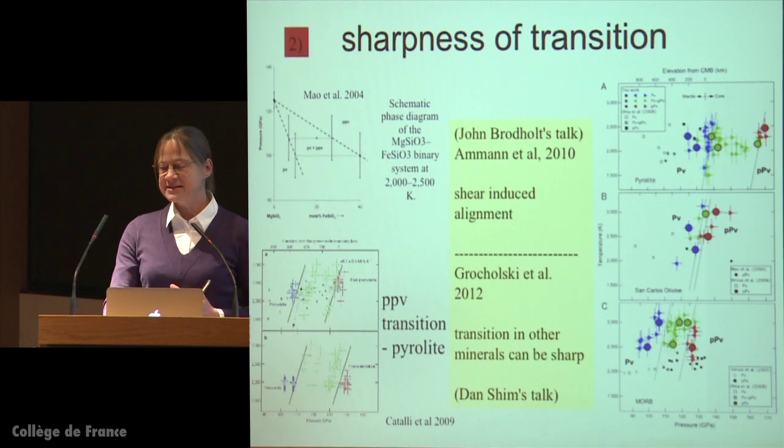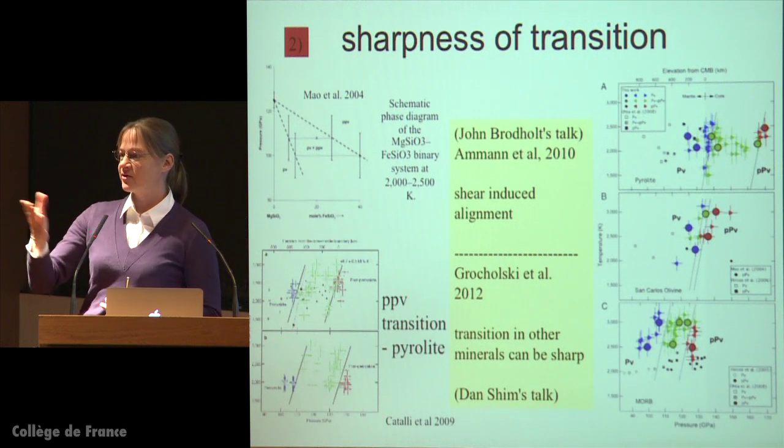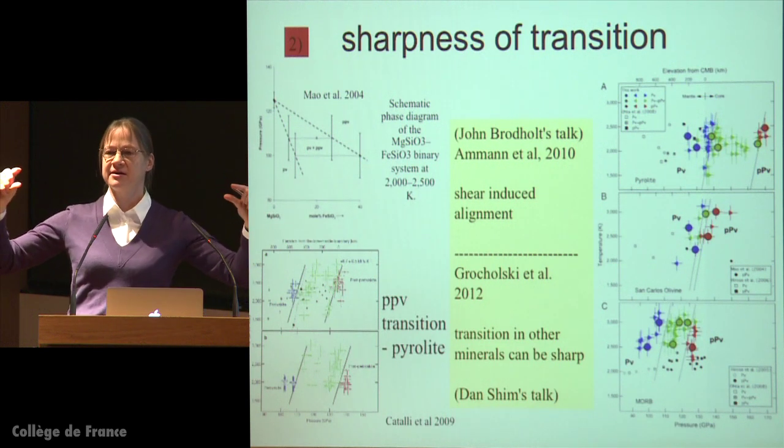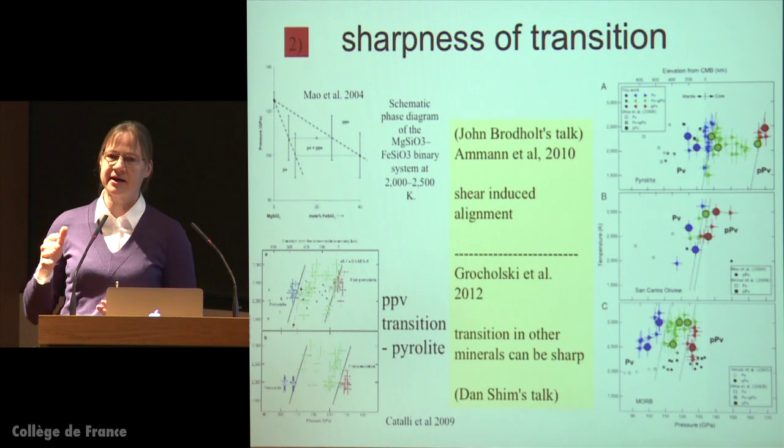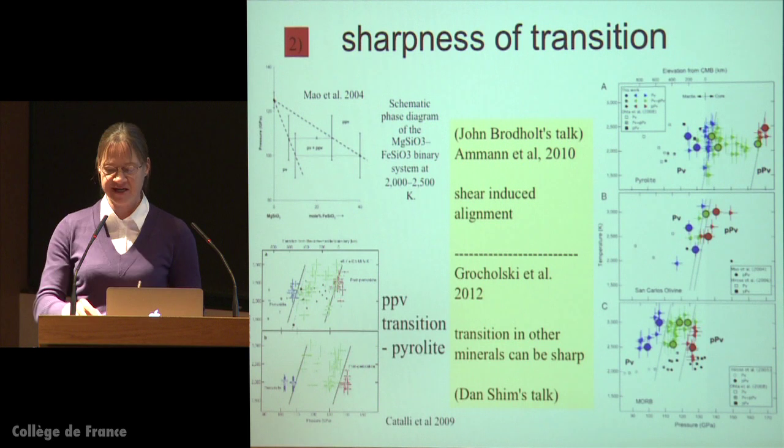But one of the other things is that we always look at D double prime, and already Dan put this nice little bar in there, D double prime reflector in the mantle, and we usually assume it's in about 300 kilometer steps with some variation.